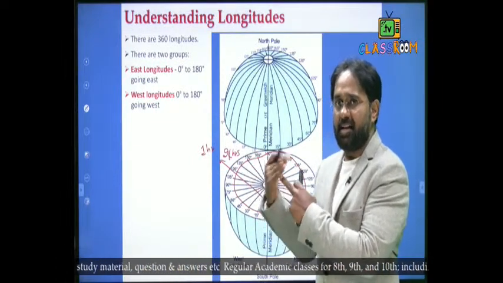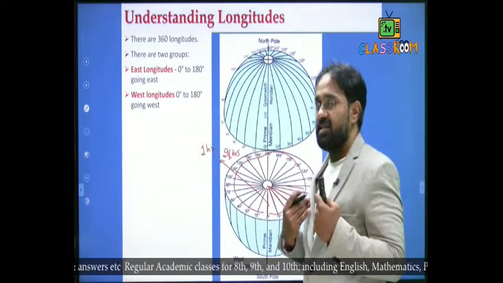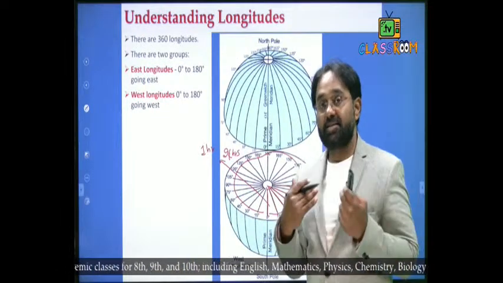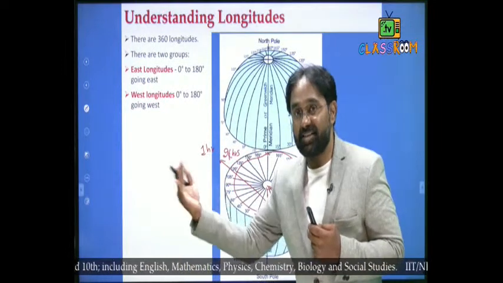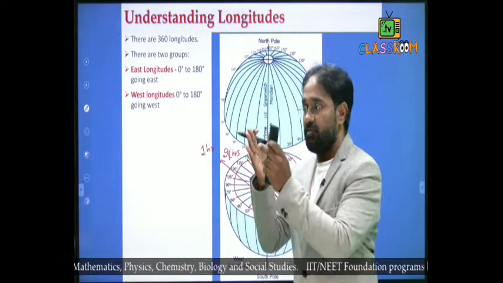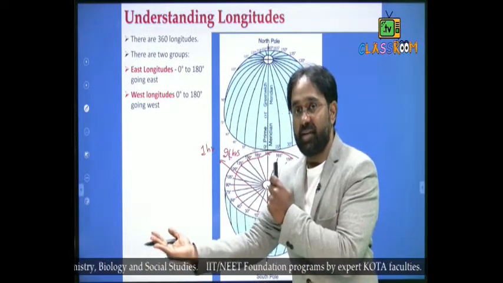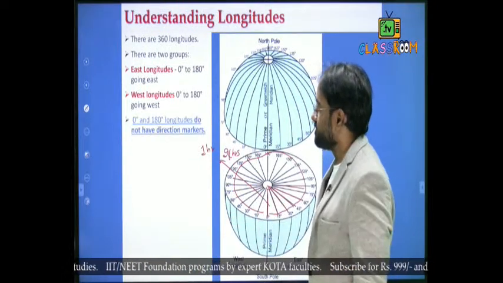That means they are gaining time. We can say that India is comfortably way ahead of America, and Japan is way ahead of India, because it is on the eastern side of India. So from Greenwich Mean Time, countries to the eastern side are moving ahead compared to the countries on the western side.